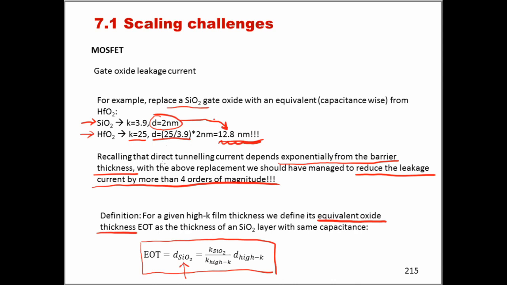So the equivalent oxide thickness has this meaning. It is a way that people have found to quickly compare the properties of different high-K films.